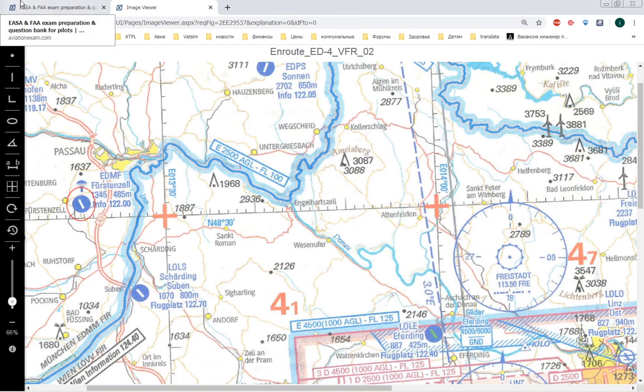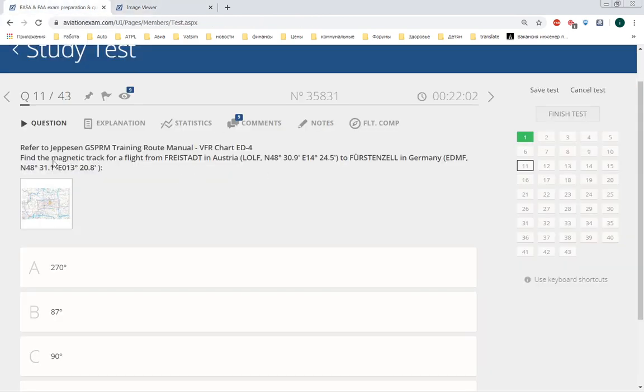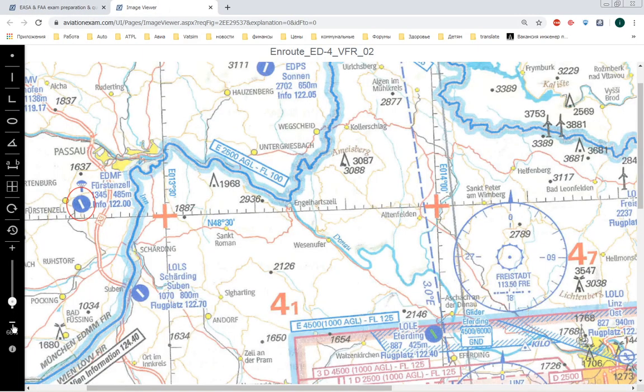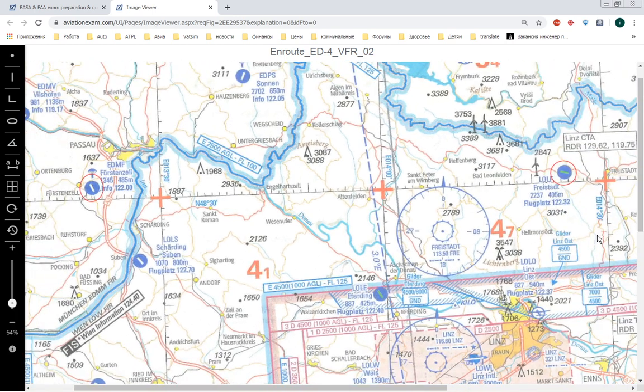Okay, next we need to find magnetic track. Without calculation I can see that there is 270 degrees true track, and if we needed to find distance we would use this calculation. You see here some numbers.